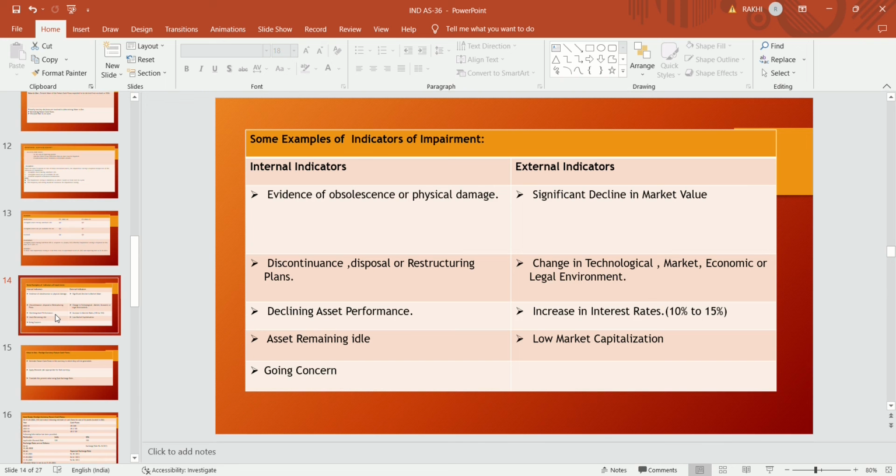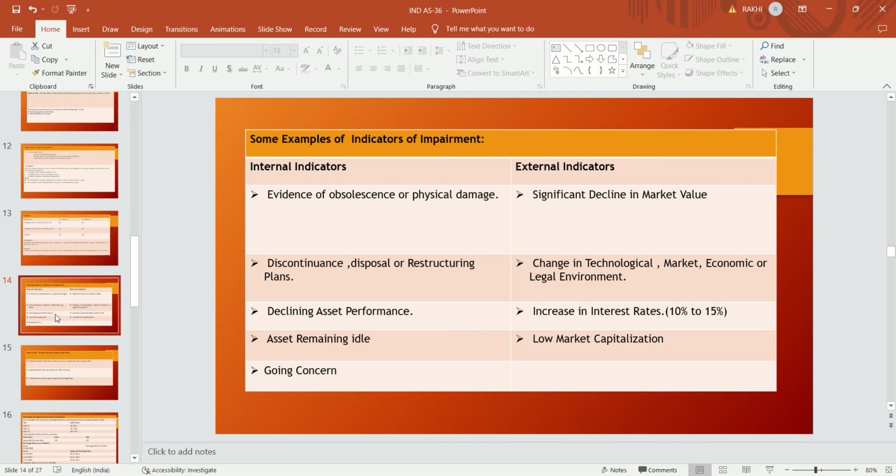External indicators include a significant decline in market value. Like the government ban example, if the government bans the car, then the market value of that asset would decrease. It's an external indicator. The value of the asset will also decrease, and there is a chance of doing the impairment testing.